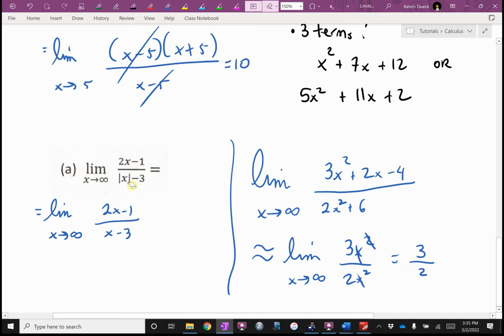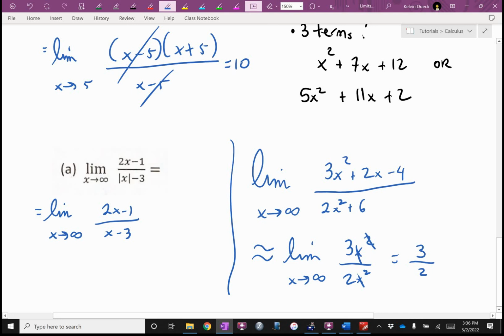Putting a positive 10 in there is the same as 10 minus 3. You don't need the absolute value. Putting a positive 50 in there, the absolute value is not making any difference. It's going to be 50 minus 3. This graph, if you're putting positive numbers in, is going to behave identical to this.